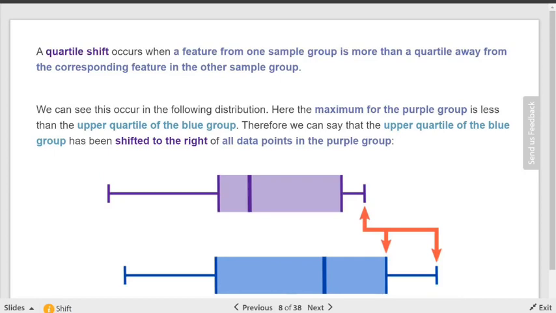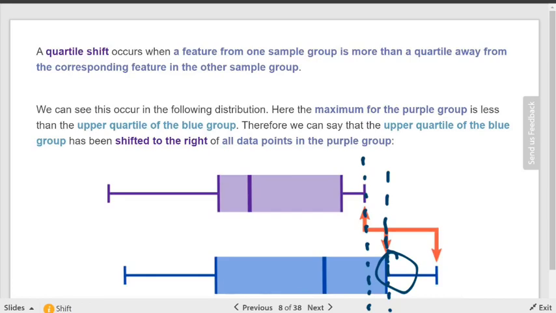So here, if you just look at these two, here is the maximum, and here is the upper quartile, right? Is this upper quartile further over to the right than the maximum of the other one? Yeah. Therefore, there's been a quartile shift.